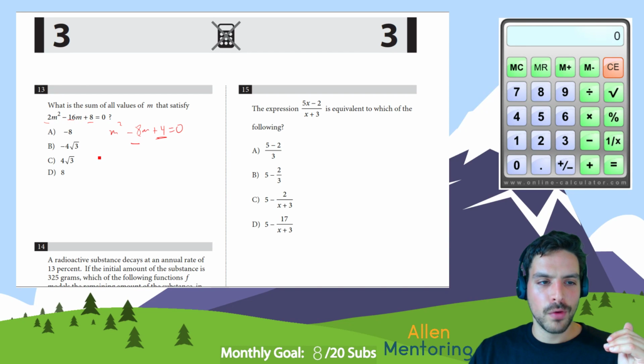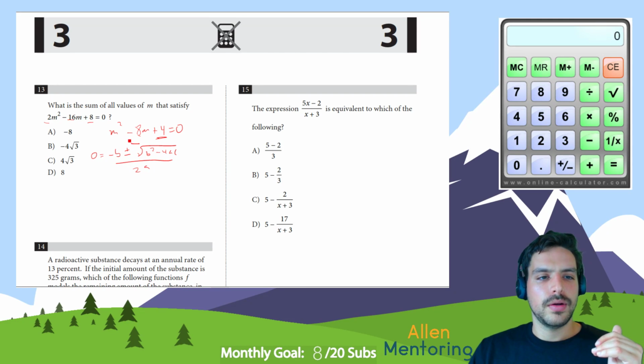Okay, and the quadratic formula is 0 is equal to -b plus or minus the square root of b squared minus 4ac all over 2a. Okay, and we see that a is equal to 1, right? So a is 1, b is -8, and c is 4.